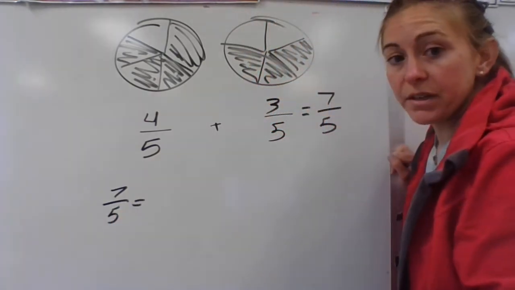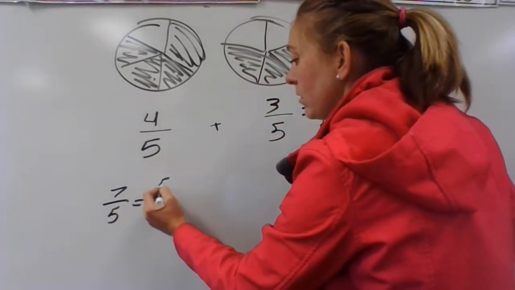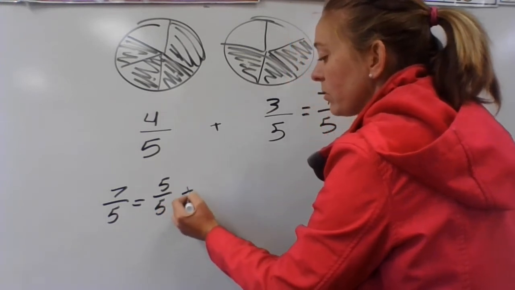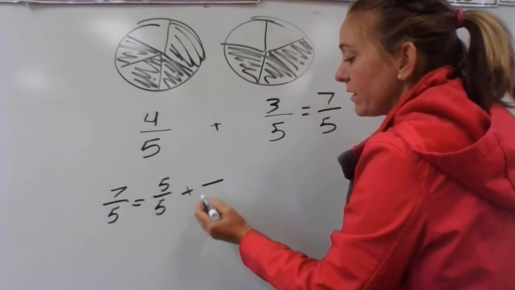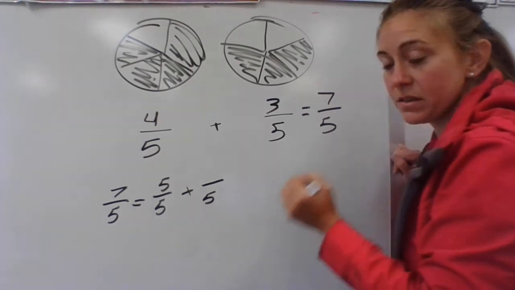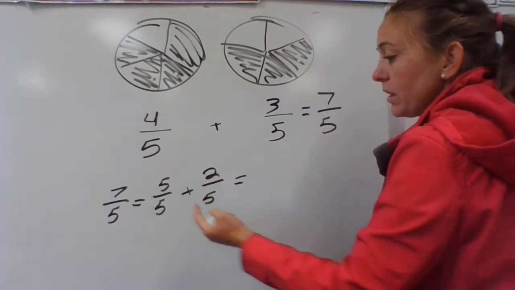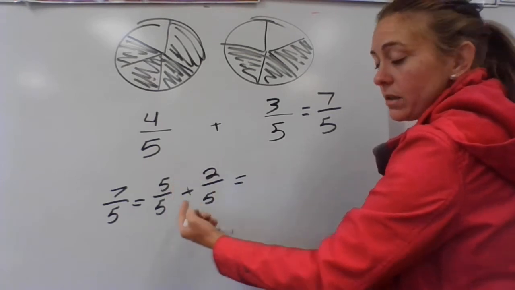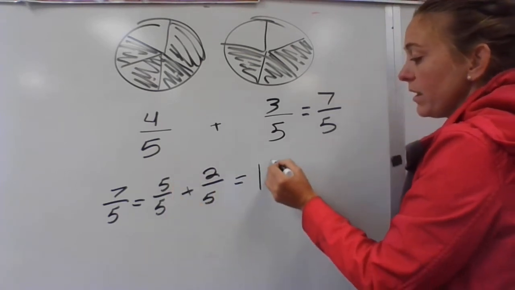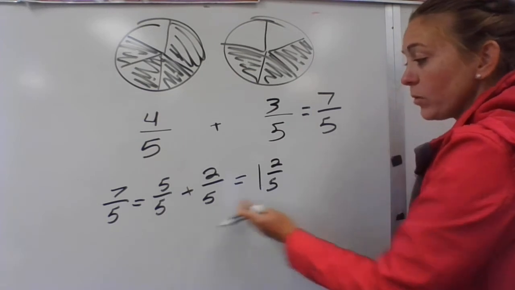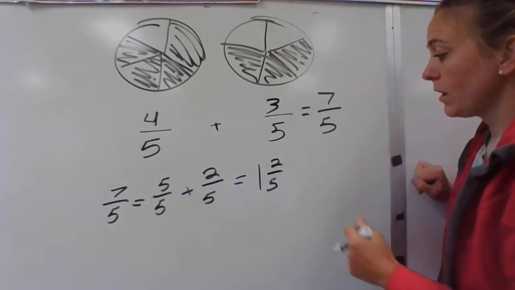We know that 5/5 would be 1 whole. And then how much more, 5 plus what do I need to add to get to 7? Remember, it stays fifths. 5 plus 2 is 7, which is really, 5/5 is really 1. So I really have 1 and 2/5. One way to get to our mixed number.